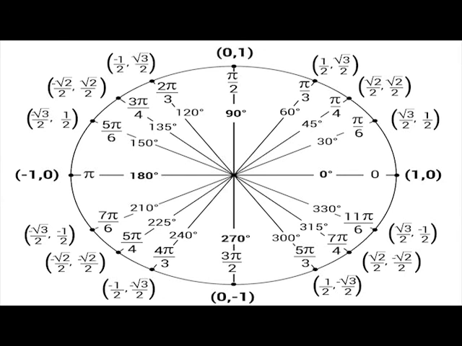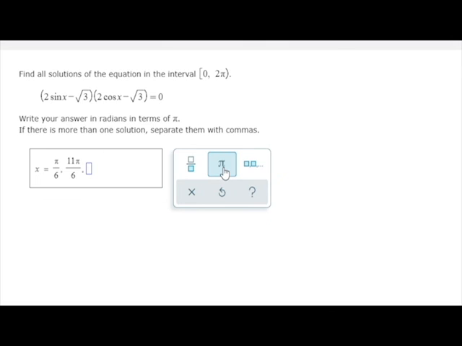We can see that at pi over 3 and 2 pi over 3. So now we can enter pi over 6, comma 11 pi over 6, comma pi over 3, comma 2 pi over 3. And there you go.